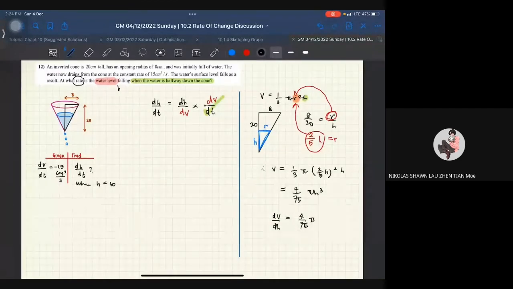Okay, so awak tinggal differentiate H cube sahaja. Jangan confuse, constant tak perlu buat apa-apa, just differentiate yang non-constant sahaja. So H cube differentiate awak dapat 3H squared. Okay, and then simplify some more, kita akan dapat 4/25 pi H square. Settle.